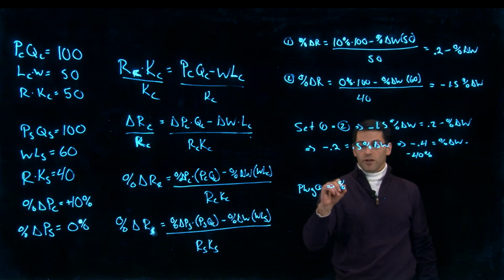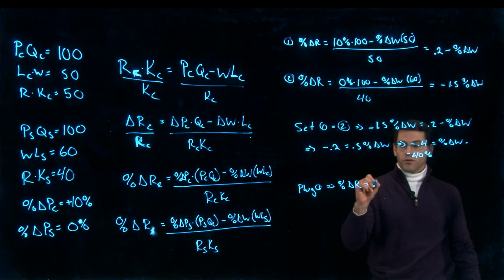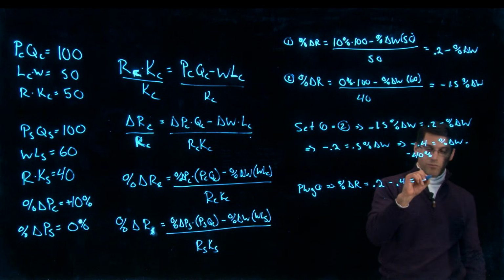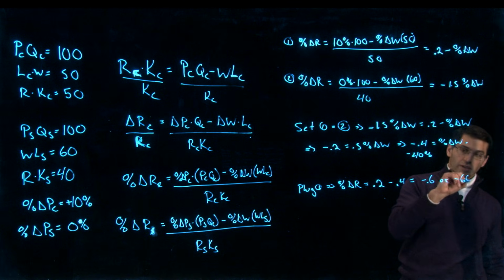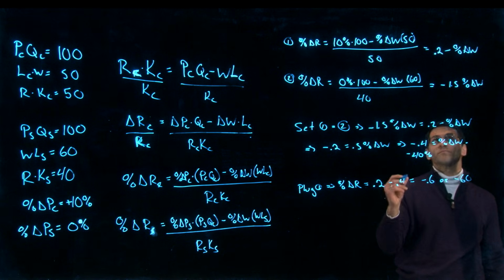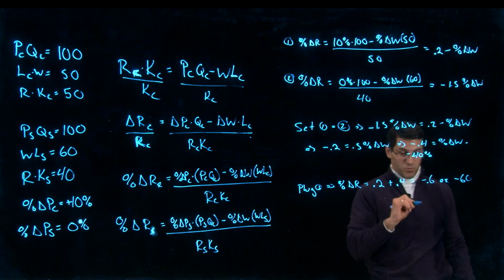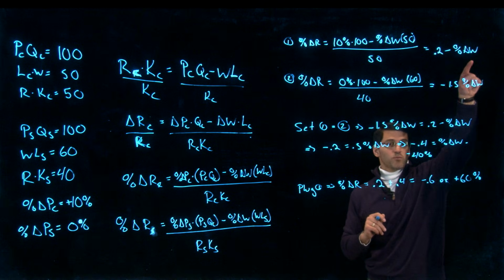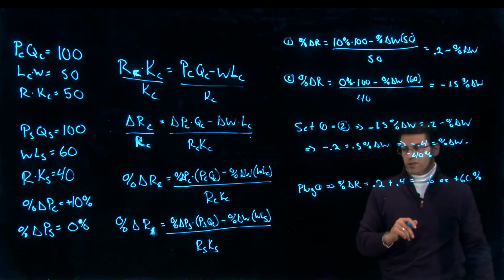Well, then the percent change in R is equal to 0.2 minus minus 0.4, or sorry, minus a minus, which becomes a plus, right? 60%, right? Because we're plugging in a minus 0.4, so the two negatives turn into a positive.